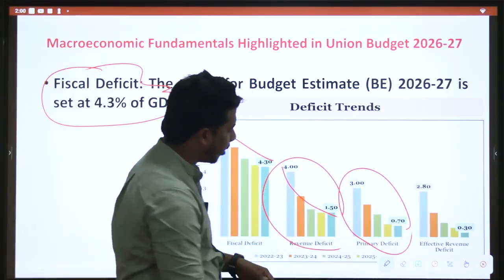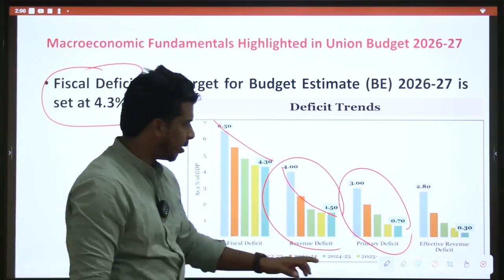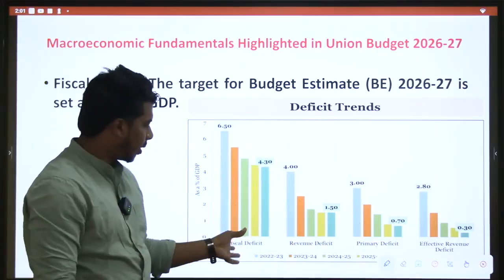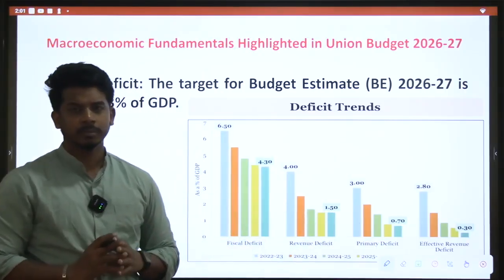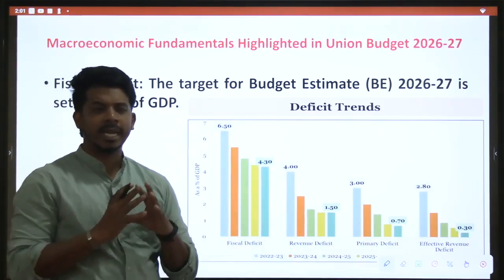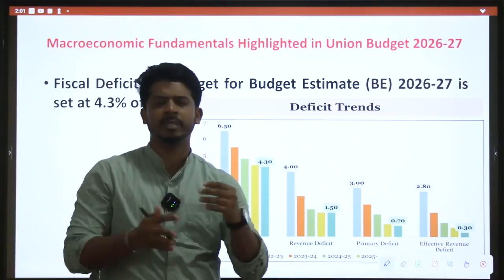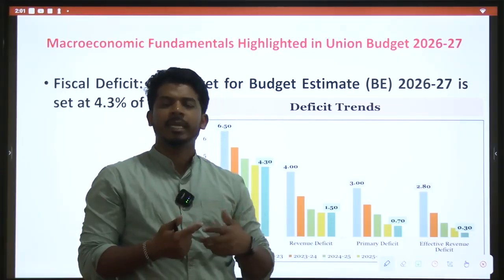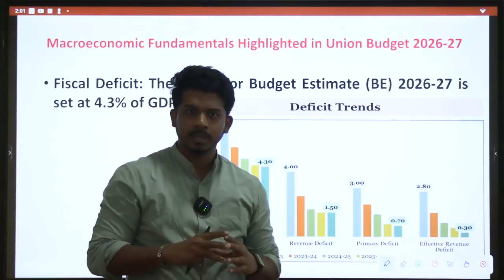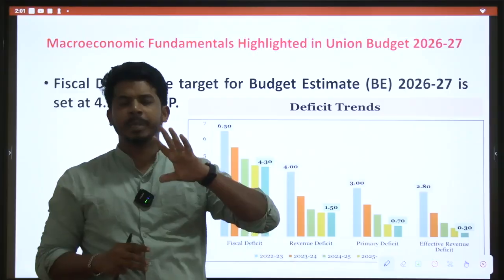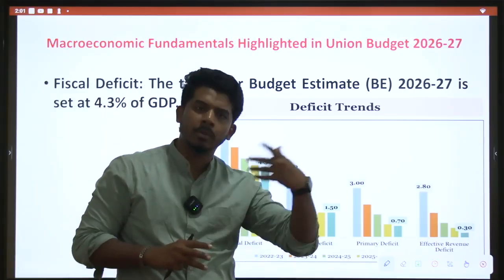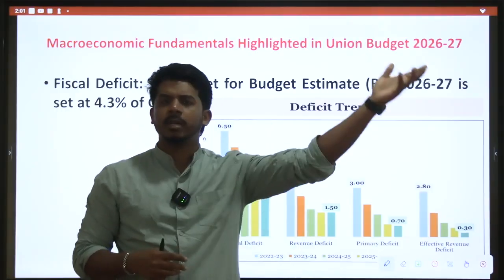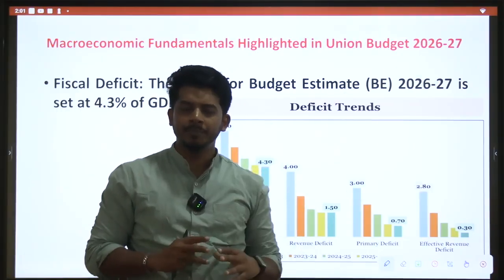What is the difference between fiscal deficit and primary deficit? There are various kinds of deficit you will read in static economy. I have taken some loans already in the previous years. There may be a loan taken by Indira Gandhi in the 1970s, but for that the present Narendra Modi government has to pay. Whatever loans the government is taking right now, a future government under a future prime minister will pay.